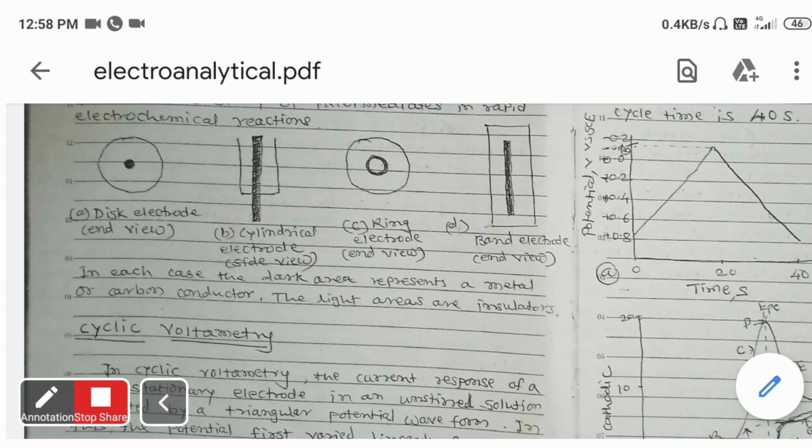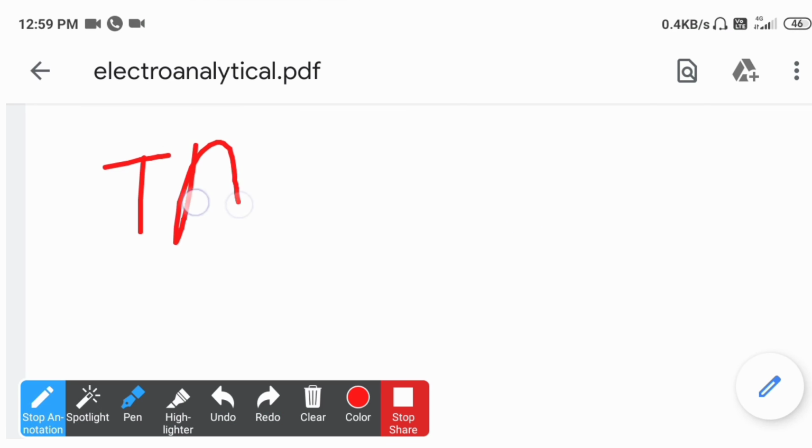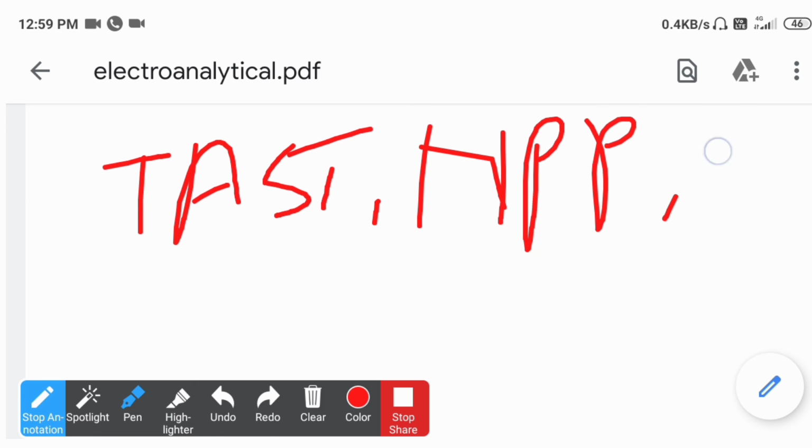These are the various techniques and the electrodes that we generally use in electroanalytical methods. Here we have seen the polarographic techniques: first polarography, then normal pulse polarography, then differential pulse polarography. So we have seen three types of technique in the polarographic method.